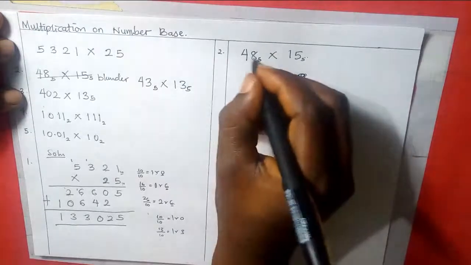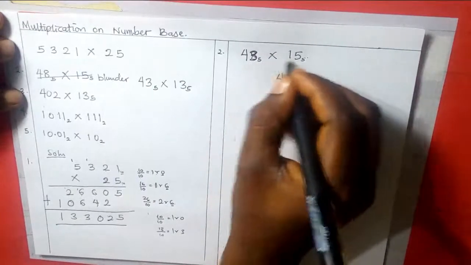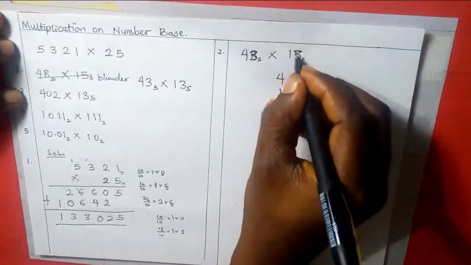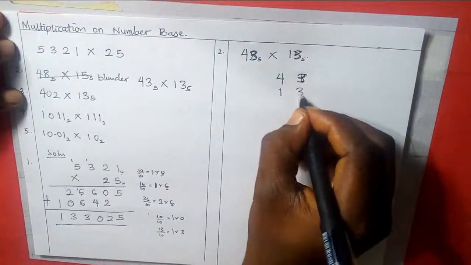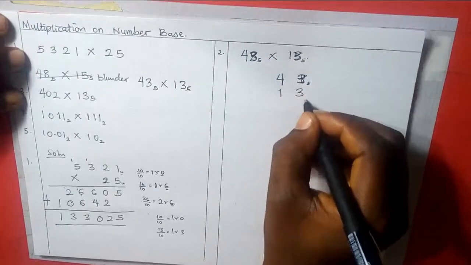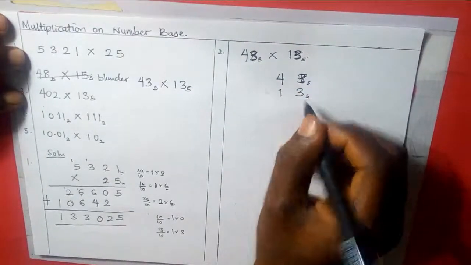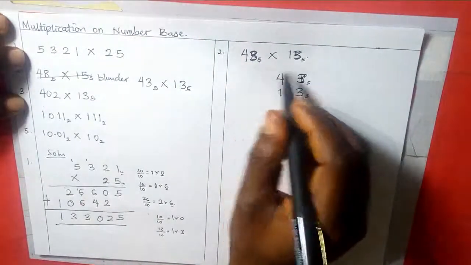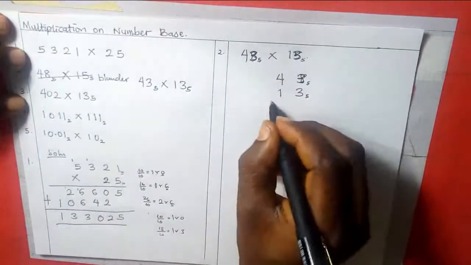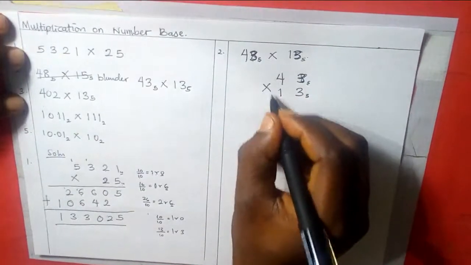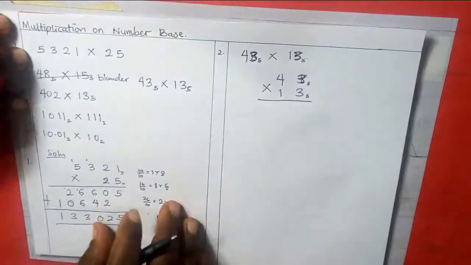None of the digits here should be bigger than the base. 8 is bigger than the base, and 5 is equal to the base, which is not possible. So that is why I had to change this question.